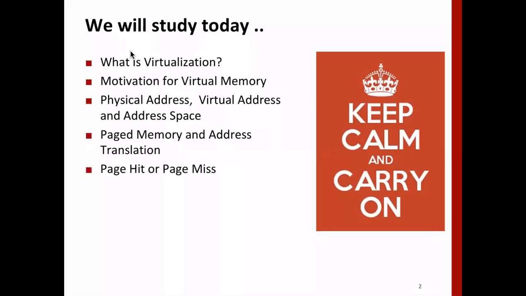Now, please understand that what we have studied so far, we have made a lot of assumptions about, right? When we studied pipeline, we connected instruction memory and data memory. We have not bothered about the details. The only assumption we had was that within a cycle or sub-cycle, we will have data available.